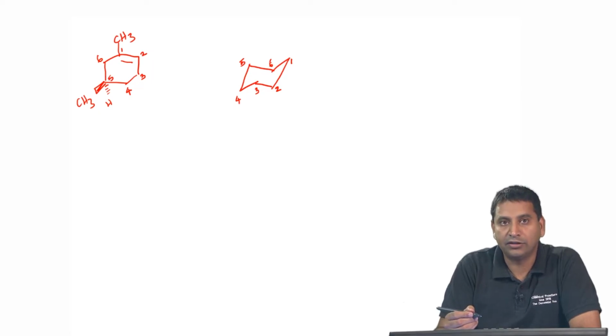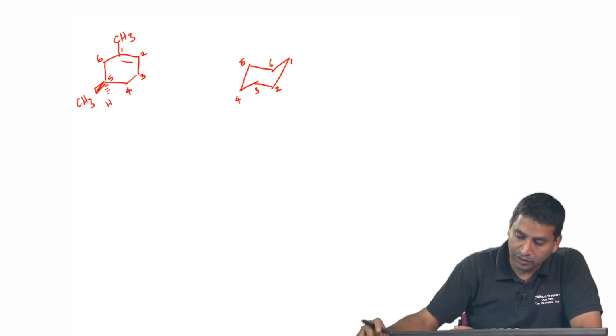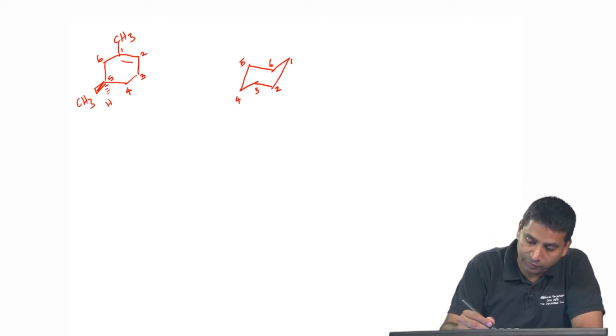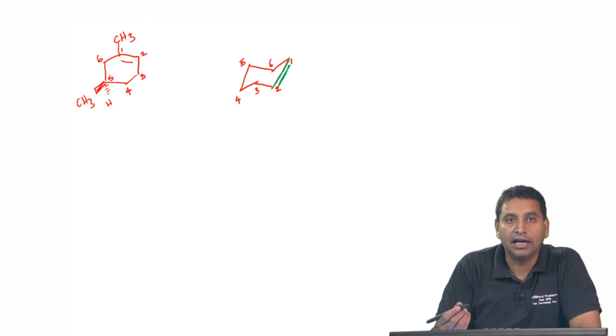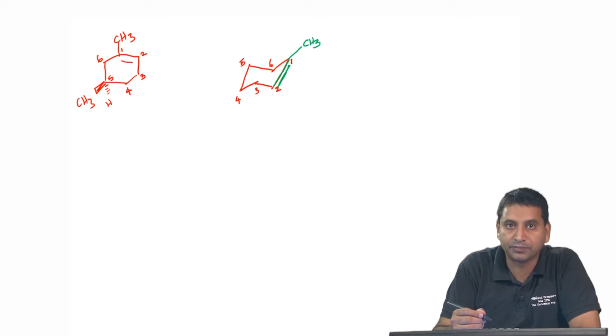Now, if I look at the structure on the left, there is a double bond between carbon 1 and carbon 2. Here I am going to start using a different color so that we can distinguish between these two. So, here is my double bond, and there is a methyl group on this carbon 1, which I am drawing like this.